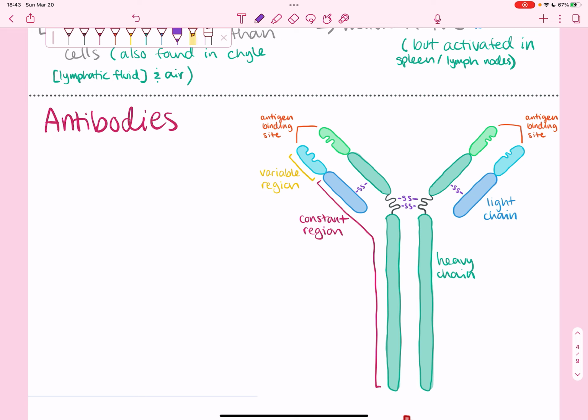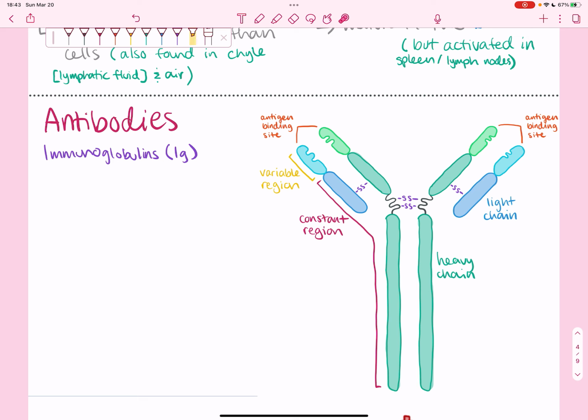Immunoglobulins. Also Ig. And there's several types of these that I'll mention in a second. Antibodies, their whole purpose is to target a particular antigen.